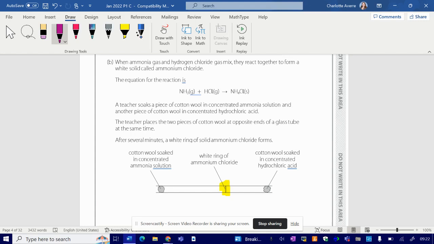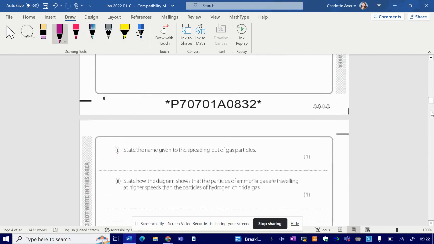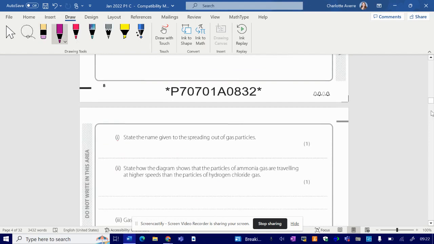They're put into opposite ends of the tube at the same time. And after several minutes, the ring of ammonium chloride forms. State the name given to the spreading out of gas particles. That is diffusion, the gradual spreading of gas particles.